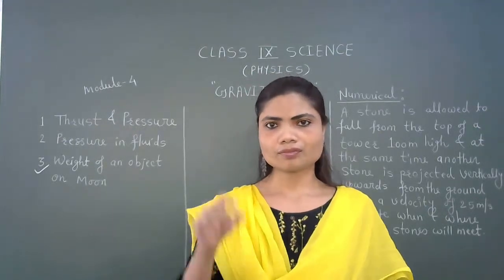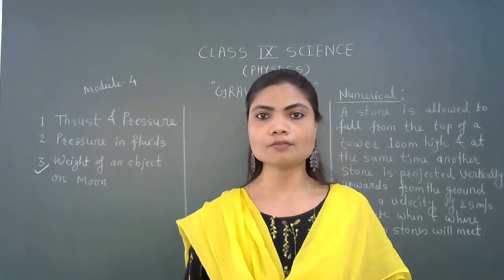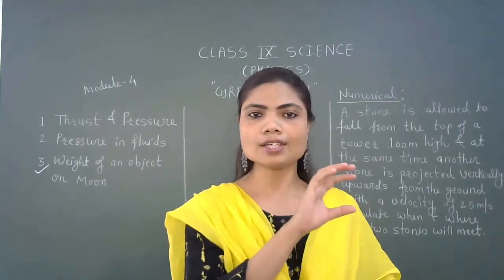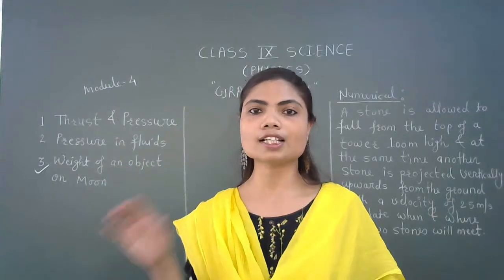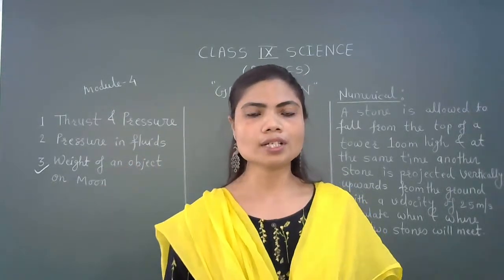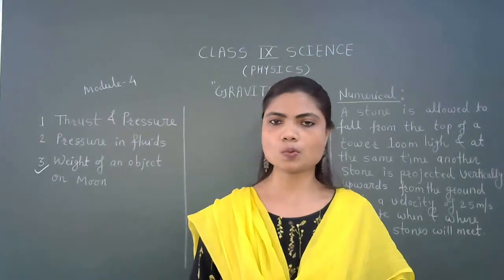Okay. And relating to this, we even understood that small g has a constant value near the surface of the earth, and that is nothing but 9.8 meter per second square.